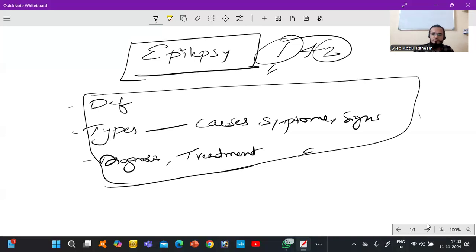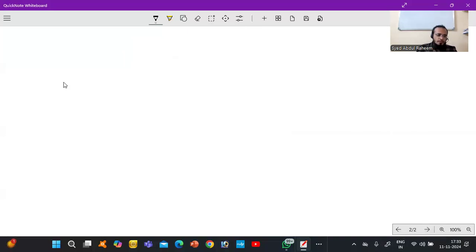Let's start with the definition. So basically, we know that our brain is a wonderful organ. Okay, and it has more than 100 million neurons.